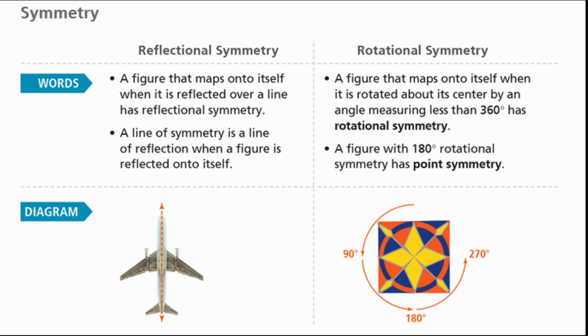A figure that maps onto itself when it is rotated about its center by an angle measuring less than 360 degrees has rotational symmetry. And a figure with 180 degree rotational symmetry has point symmetry. Point symmetry just means we can draw one line through it, and if we rotate it right there in the center point, you can get it 180 degrees, and it'll map back onto itself.